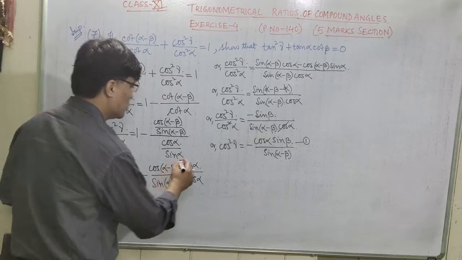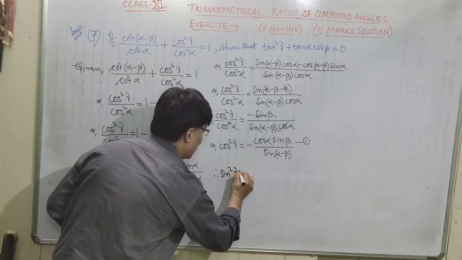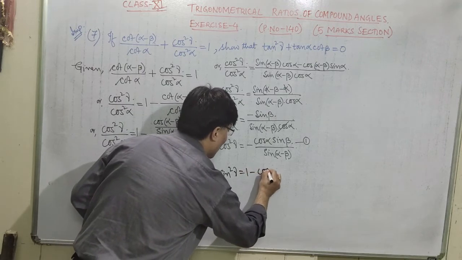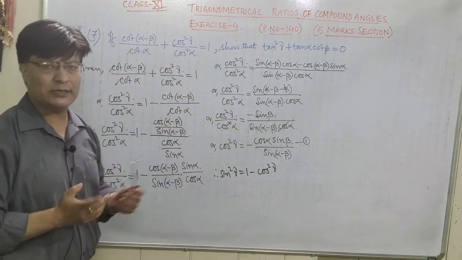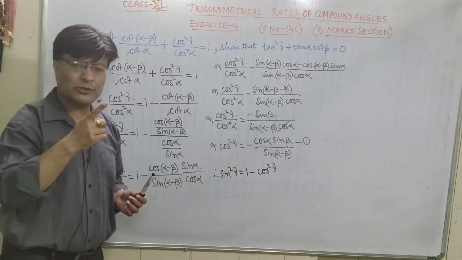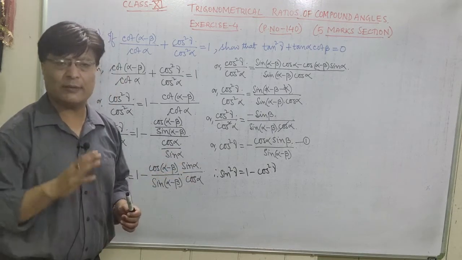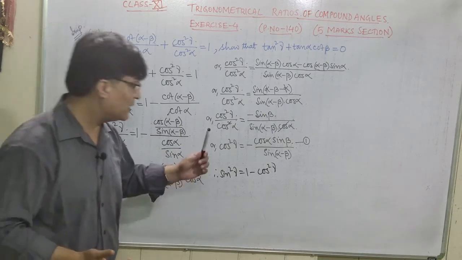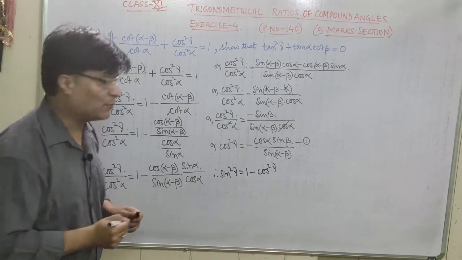We know that sin square gamma plus cos square gamma is 1. So sin square gamma is equal to 1 minus cos square gamma.